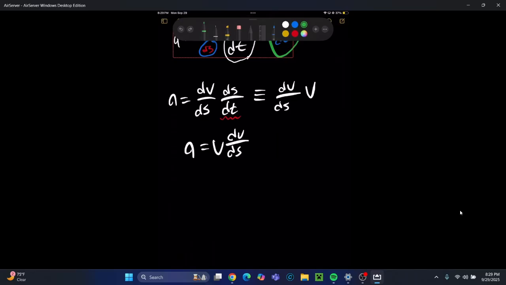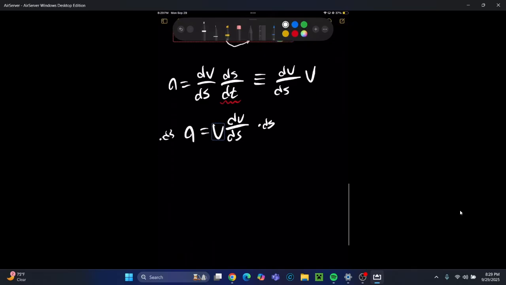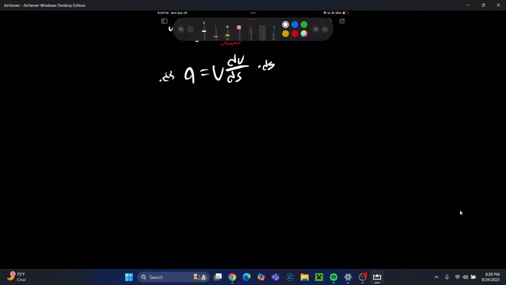We're engineers, so we're just going to say screw you mathematicians, and multiply by these, which is correct enough for us. Sorry, I didn't explain that properly. I'm multiplying ds on both sides because I want to get rid of this ds right here.